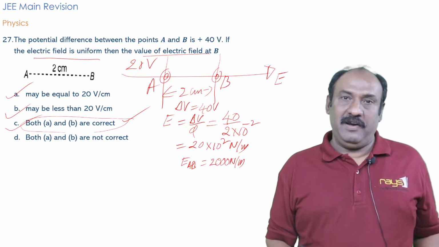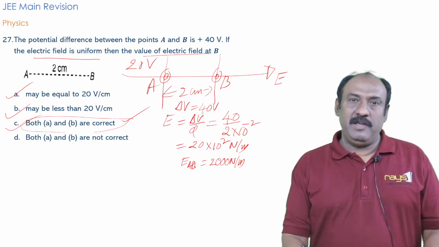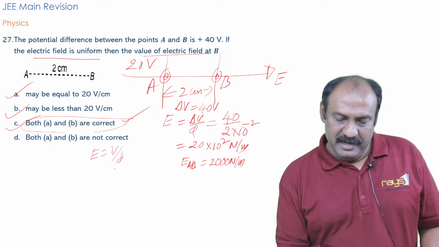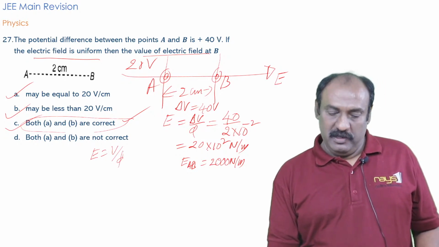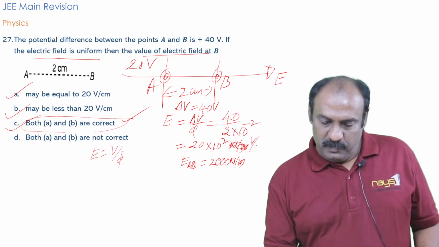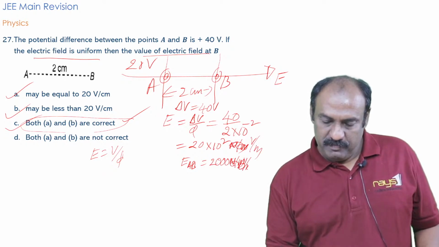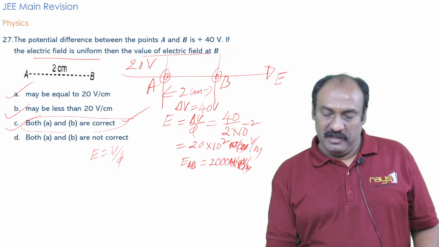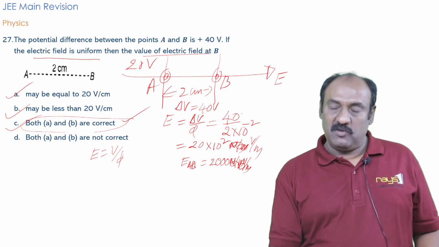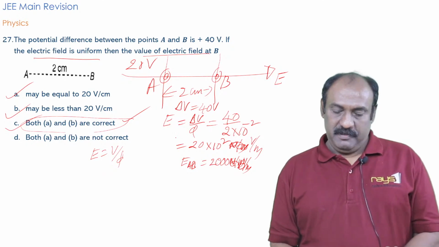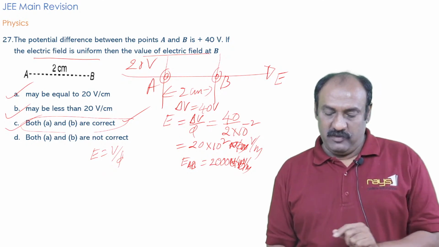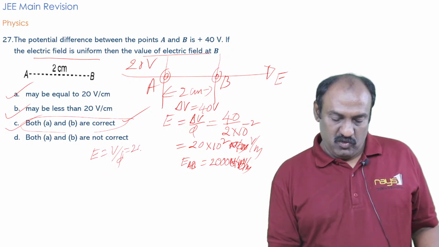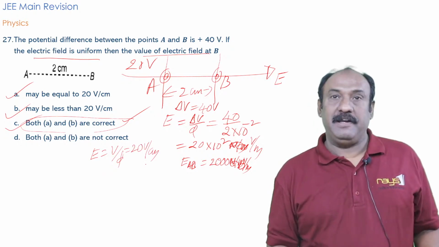So the electric field is E equal to V by D, that is 20 volt per meter. In centimeters it is given, so 2 into 10 to the power minus 1, 2000 it is, but in centimeters we want 20 per centimeter. 20 per centimeter is the electric field, 2000 volt per meter or 20 volt per centimeter.